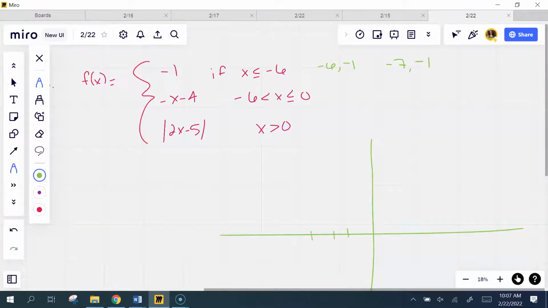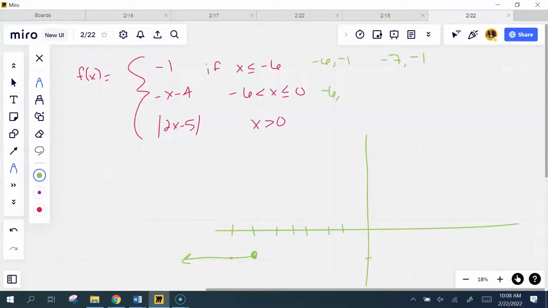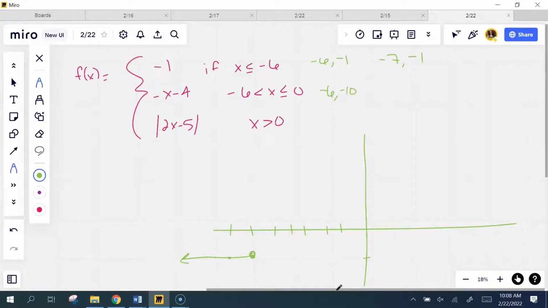1, 2, 3, 4, 5, 6, 7. The closed dot going in this direction, horizontal line. Then we've got the line negative x minus 4, so I'm going to plug in negative 6, and I get negative 10. And I plug in 0, and I get negative 4. This one's going to be an open dot.